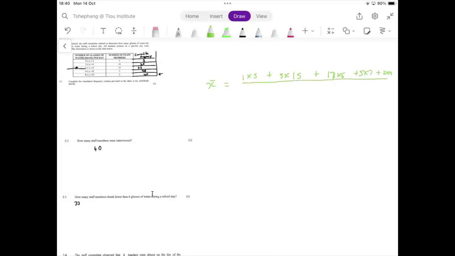Right. And then you can say this is over 40. Okay, now you are going to get a mean of 4,2.